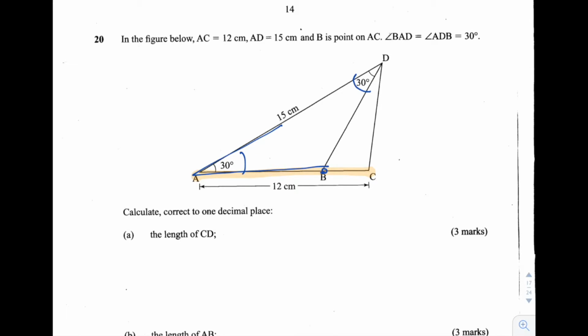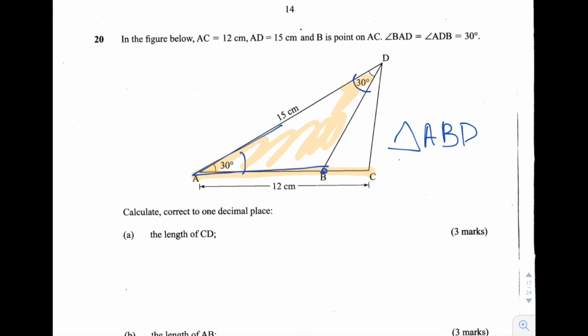And so if we know that both BAD and ADB are 30 degrees, then this triangle ABD must be an isosceles triangle because it has two angles which are the same, and therefore there must also be two sides that are of equal length.